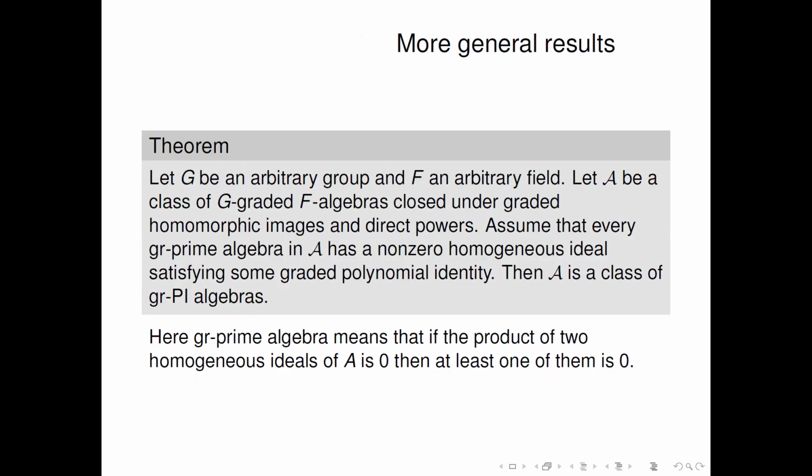Another fact, which is a bit more difficult, is the following. Take G arbitrary, F arbitrary, and assume A is a class of G-graded algebras that is closed under graded homomorphic images and under direct powers, including infinite ones.